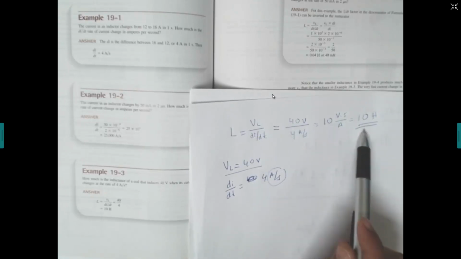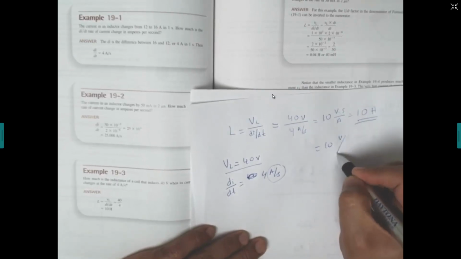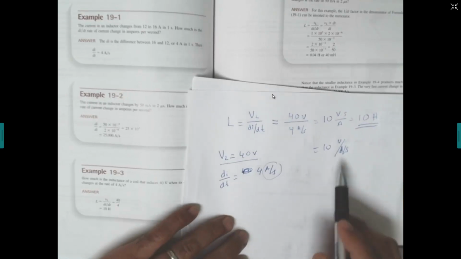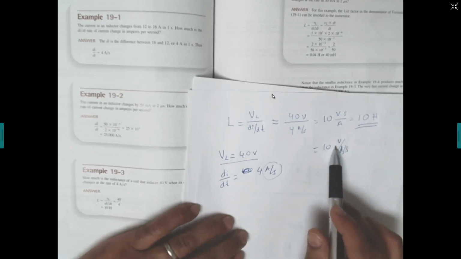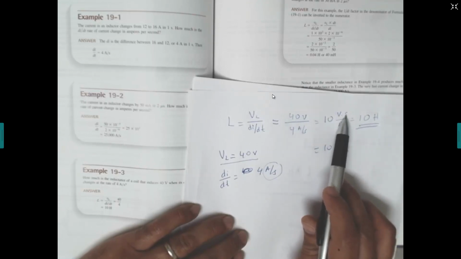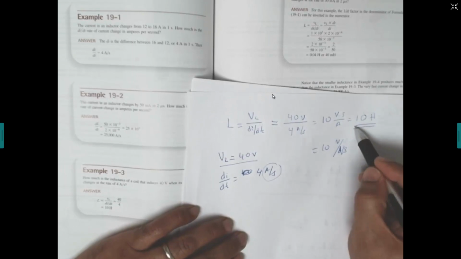This is the same as having 10 volts over amps per second. The same thing. So when we solve this algebra for this fraction, we end up with volt times seconds divided by amps, which is basically the units of henry. All right.